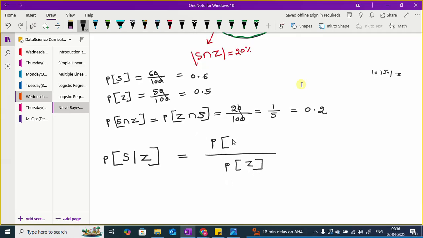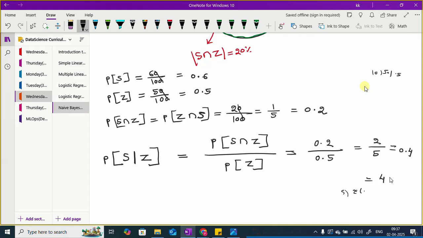The intersection probability of Swiggy and Zomato is 0.2, divided by the probability of Zomato, which is 0.5, giving 2/5. 2/5 is 0.4. If I convert 0.4 into a percentage, it will be 40%.